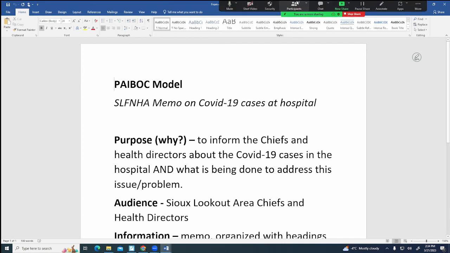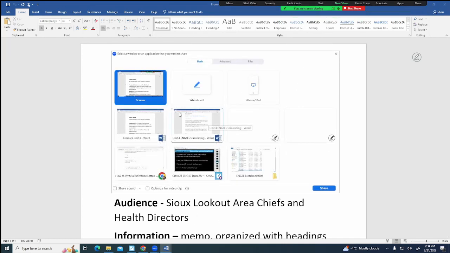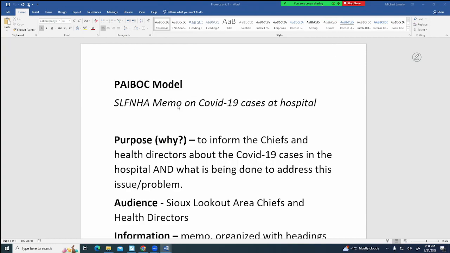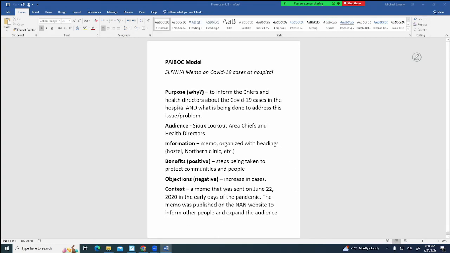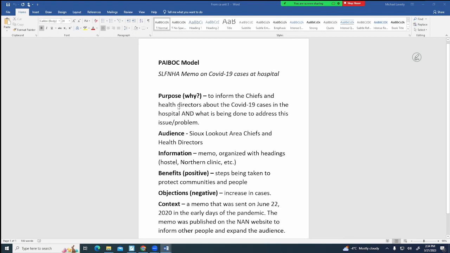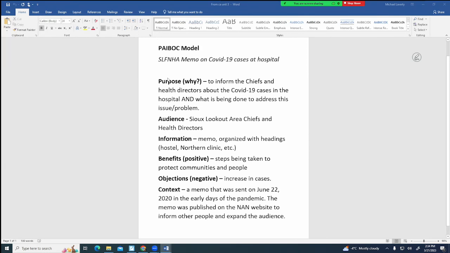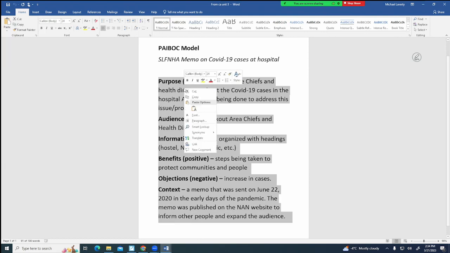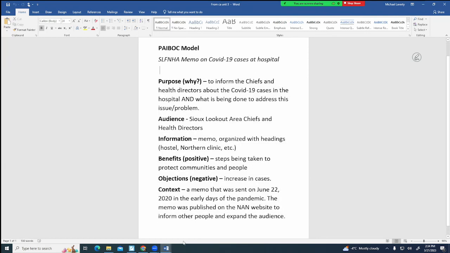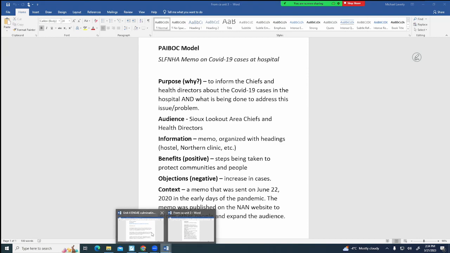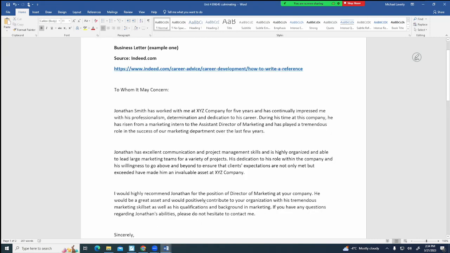So in yesterday's class, we looked at a memo that was produced by the Sioux Lookout First Nations Health Authority. It was a memo on COVID-19 cases at the hospital. It was published on June 22nd. So if I take that PyBoc model, I'm going to apply it to this business letter.